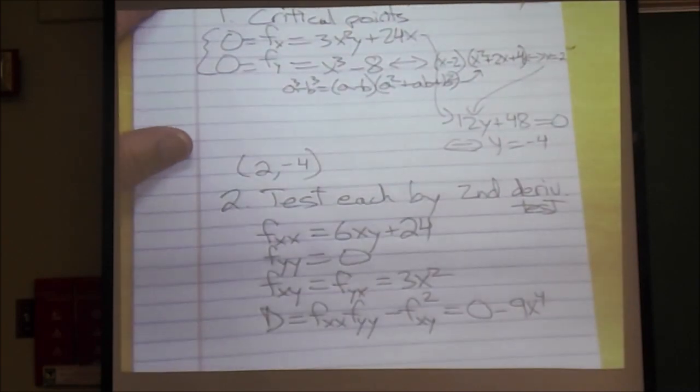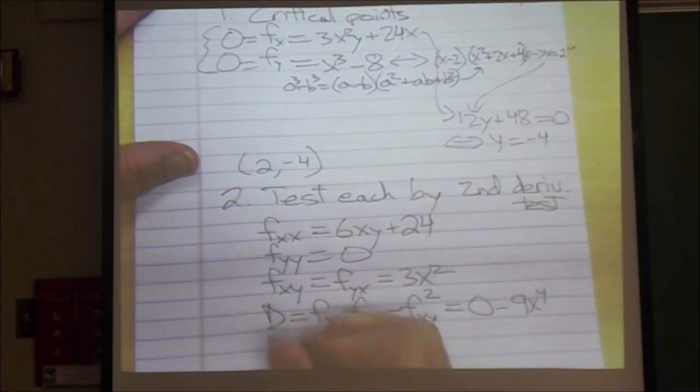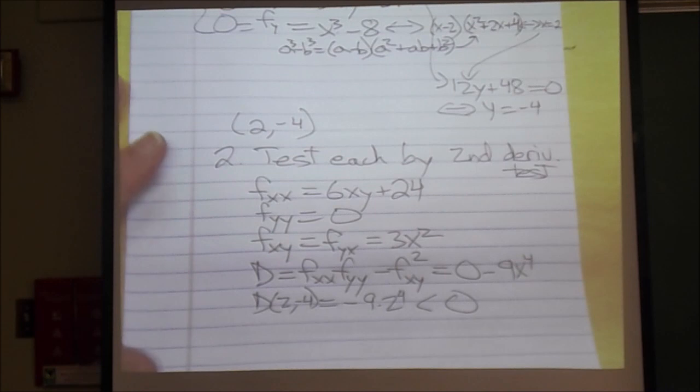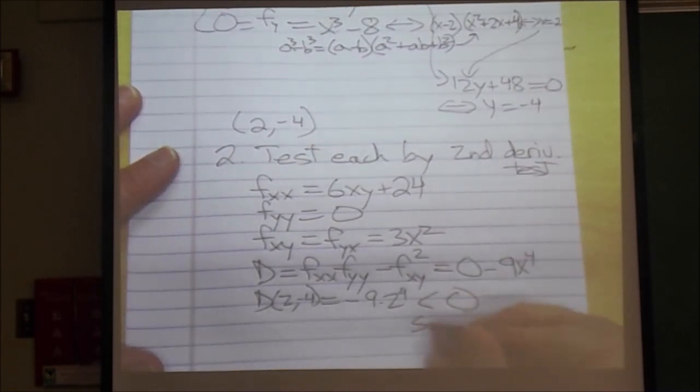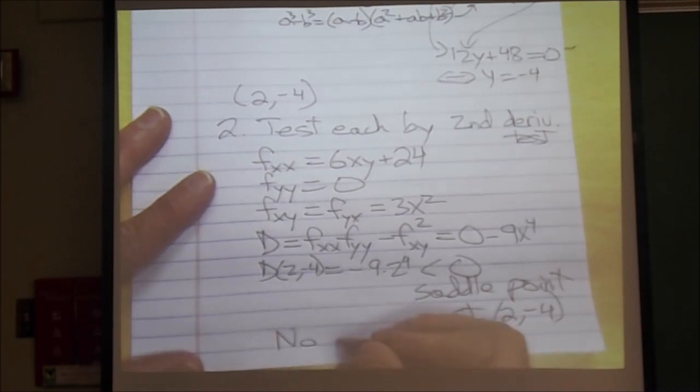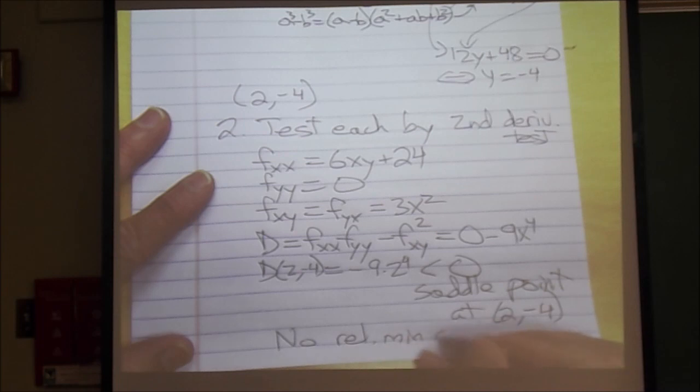Now, D at the point (2, -4) is equal to minus 9 times 2 to the 4th. We don't care what that is, it's just less than 0 is all we need to know. Less than 0 makes it a saddle point at (2, -4). Since there are no more critical points, there can't be a max or min, so there is no relative min or relative max.